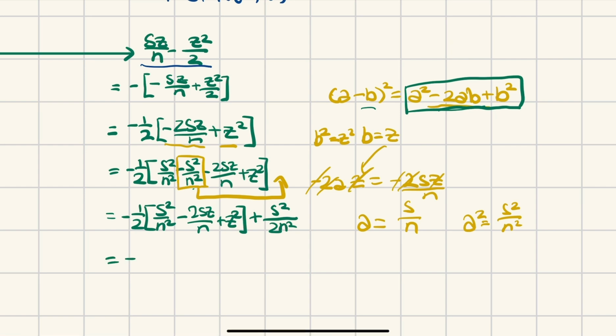Then we can complete the square because we already know that this part is a perfect square. So that would be s over n minus b, which is z, and then squared, plus s squared over 2n squared.